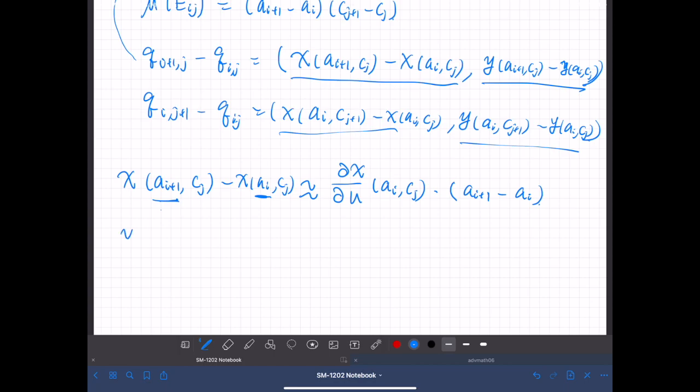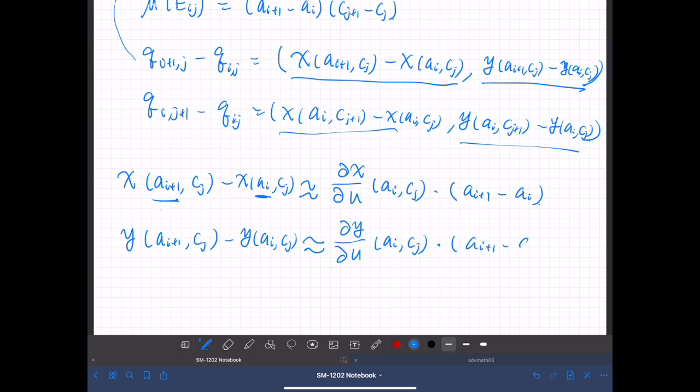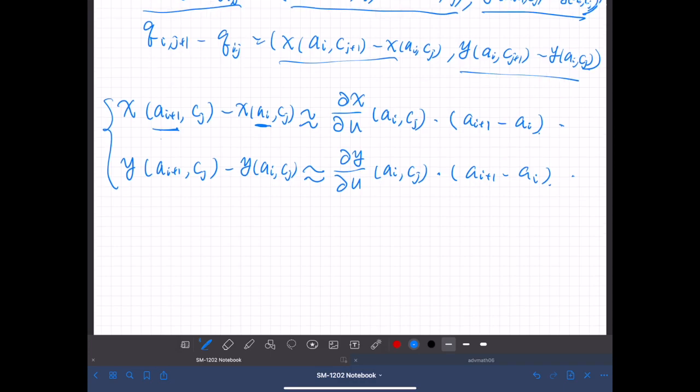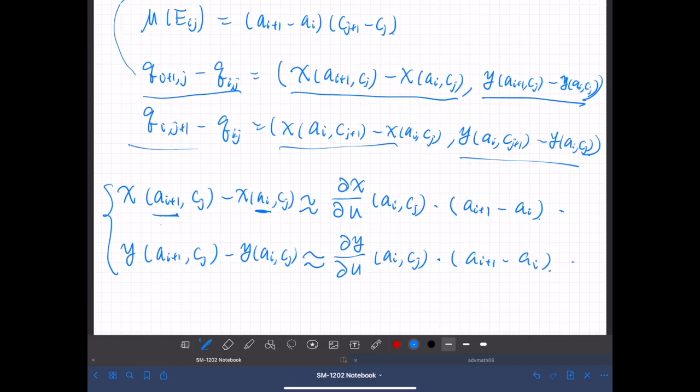And similarly, y(ai, cj) can be approximated as dy/du times ai plus 1 minus ai. So this difference can be approximated by this and this.